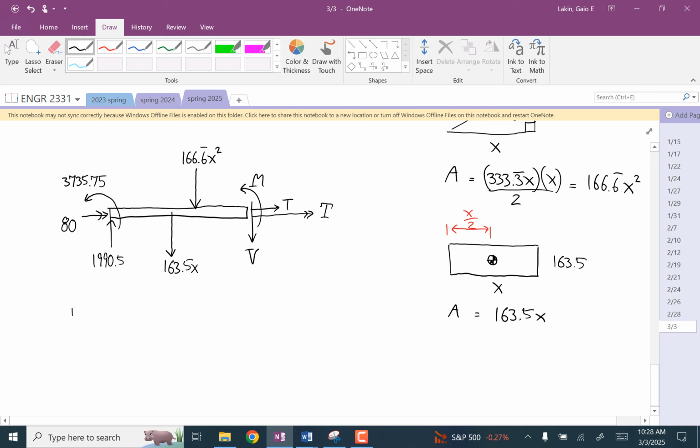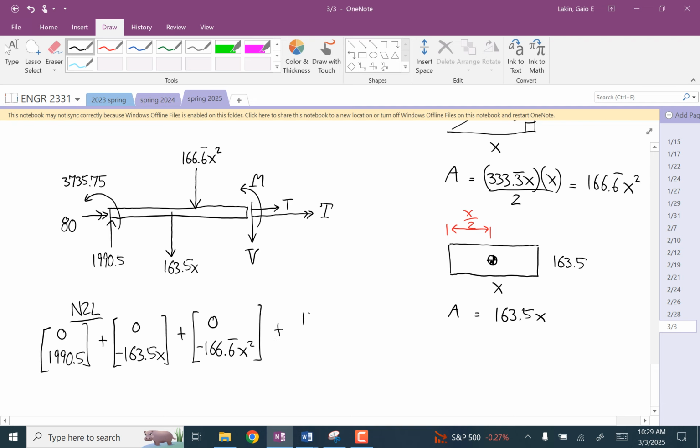Okay, so now Newton's second law says 0, 1990.5 plus 0, negative 163.5x plus 0, negative 166.6 repeating x squared plus t, negative v is equal to zeros.